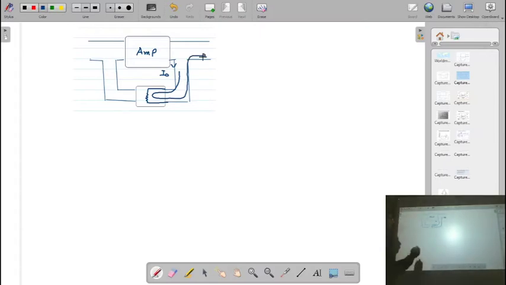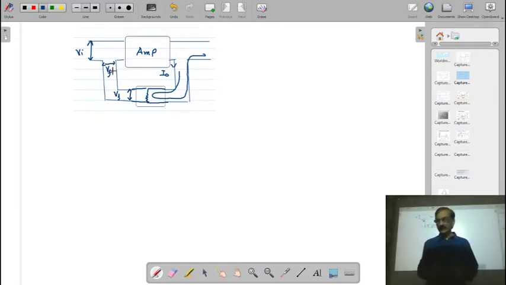Whatever voltage is developed across this resistance is known as my feedback voltage. This feedback voltage is in series with the input voltage of the amplifier, so we can say it is a current series feedback. This is the block diagram of the current series feedback.